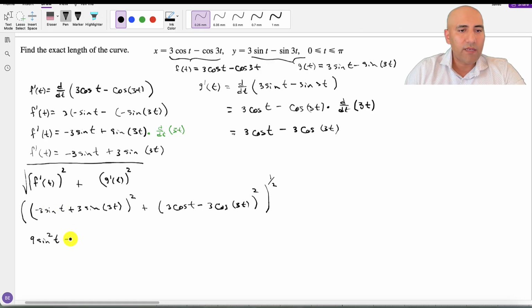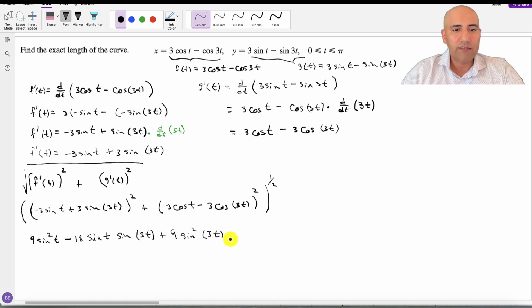It's going to be minus 3 times negative 3 is going to become negative 9, negative 18 sine of t sine of 3t plus 9 sine squared of 3t. Okay, that takes care of that first one.